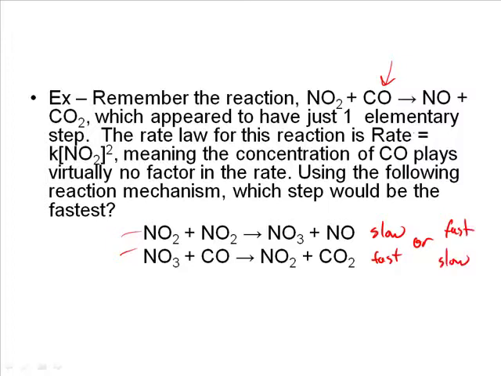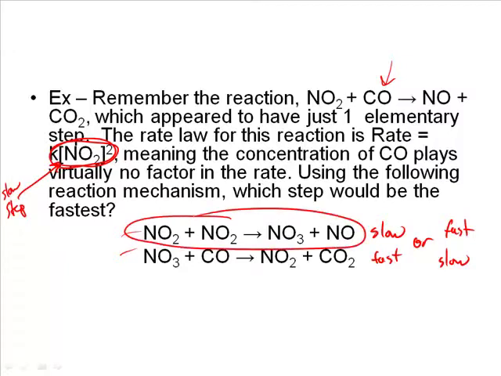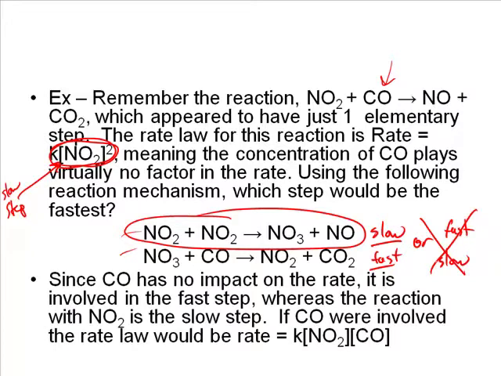The rate law is rate equals k times NO2 squared. That's the key. That means the step that involves those has to be the slow step, so the slow step has to be this first one right here. This one's slow, this one's fast. Since carbon monoxide has no impact on the rate, it's involved in the fast step, whereas the reaction with NO2 is the slow step.